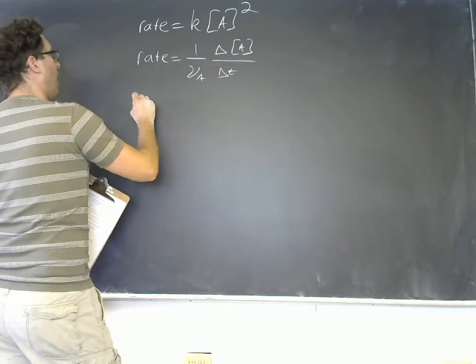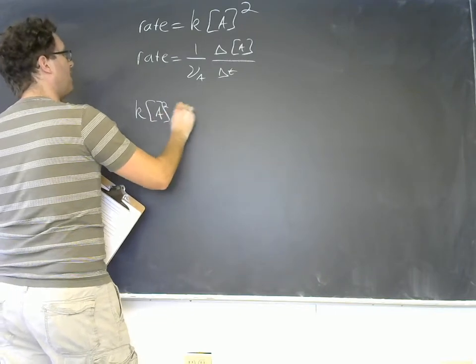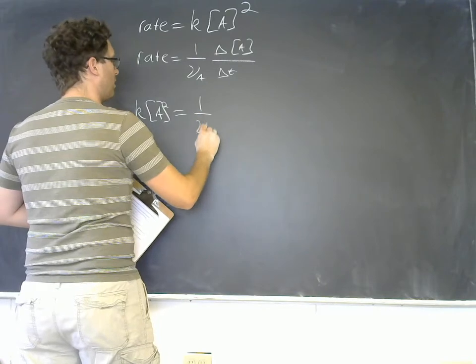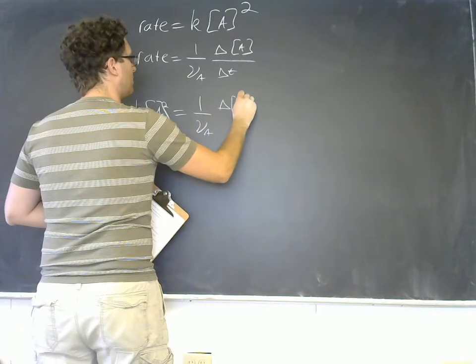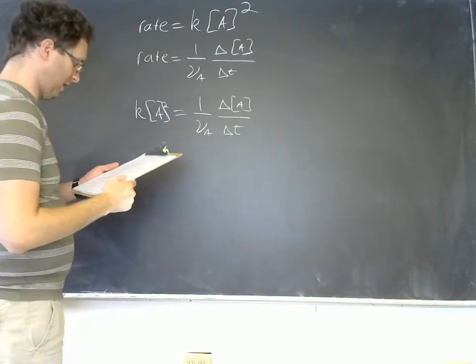So k A squared is going to equal 1 over nu A delta A over delta t.